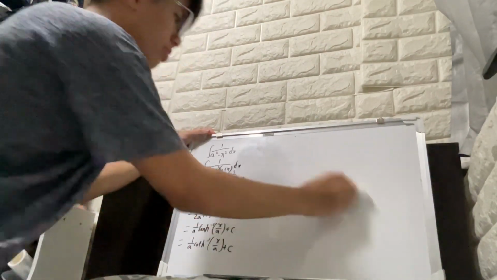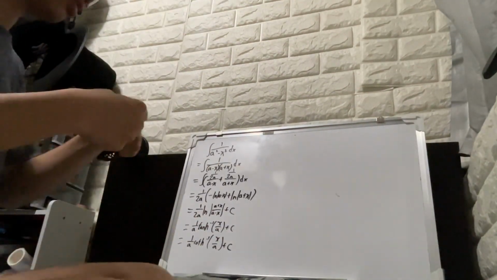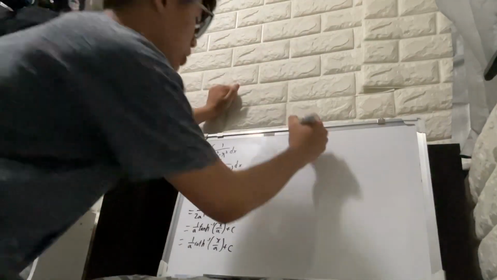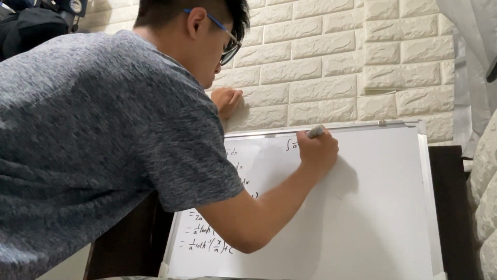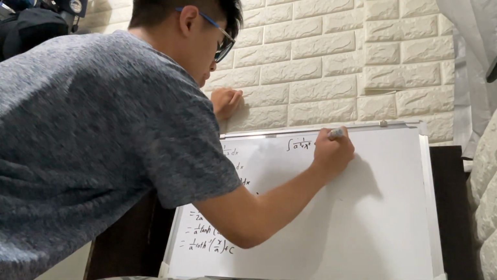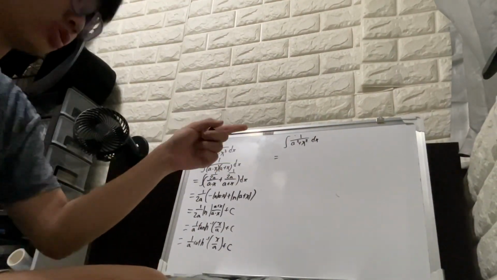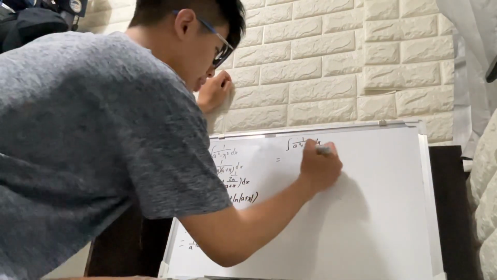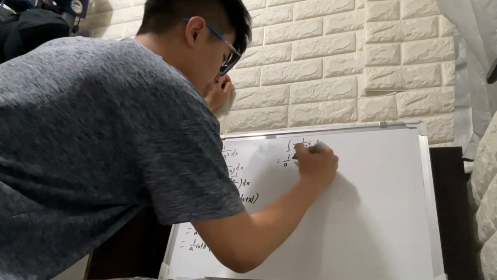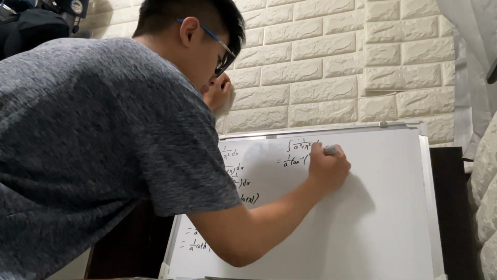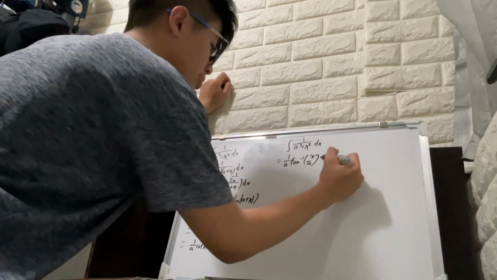The integral of 1 over a squared plus x squared dx. You can let x equal a tangent theta, and you will get a formula, and this equals 1 over a times the inverse tangent of x over a, plus c.